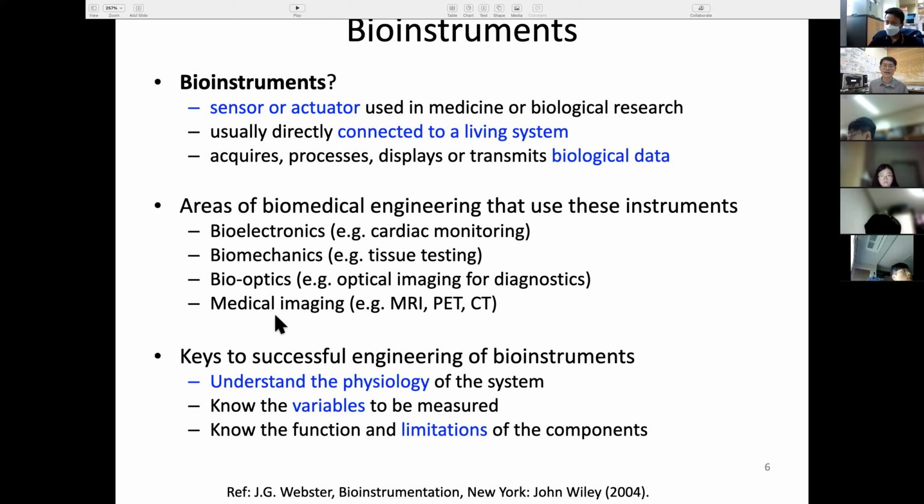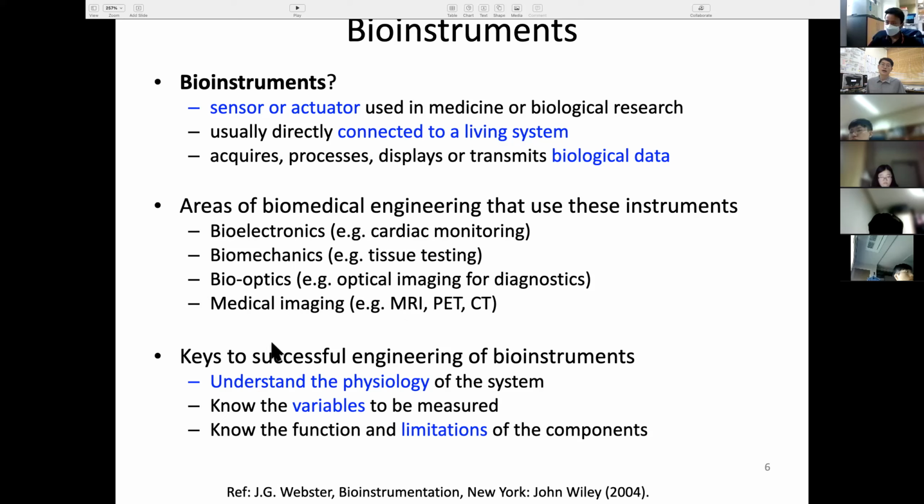Another example is medical imaging in general. We can utilize imaging devices such as MRI, magnetic resonance imaging, or PET, positron emission tomography, or CT, computed tomography, which have amazingly changed our understanding of human disease, because they can reveal the inside of our body and also reveal the presence of lesions or disease.